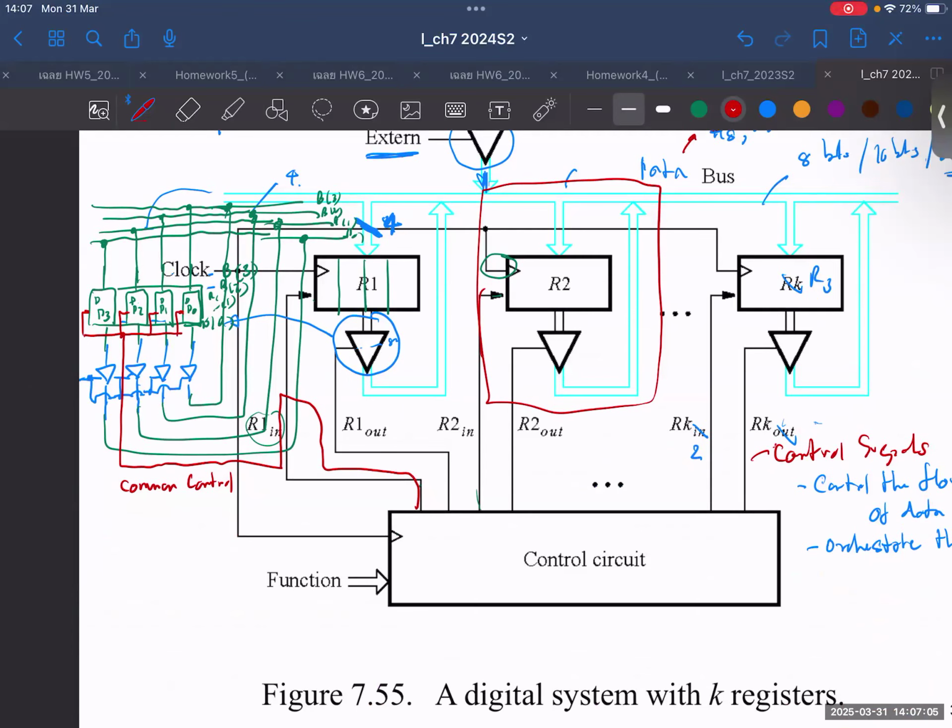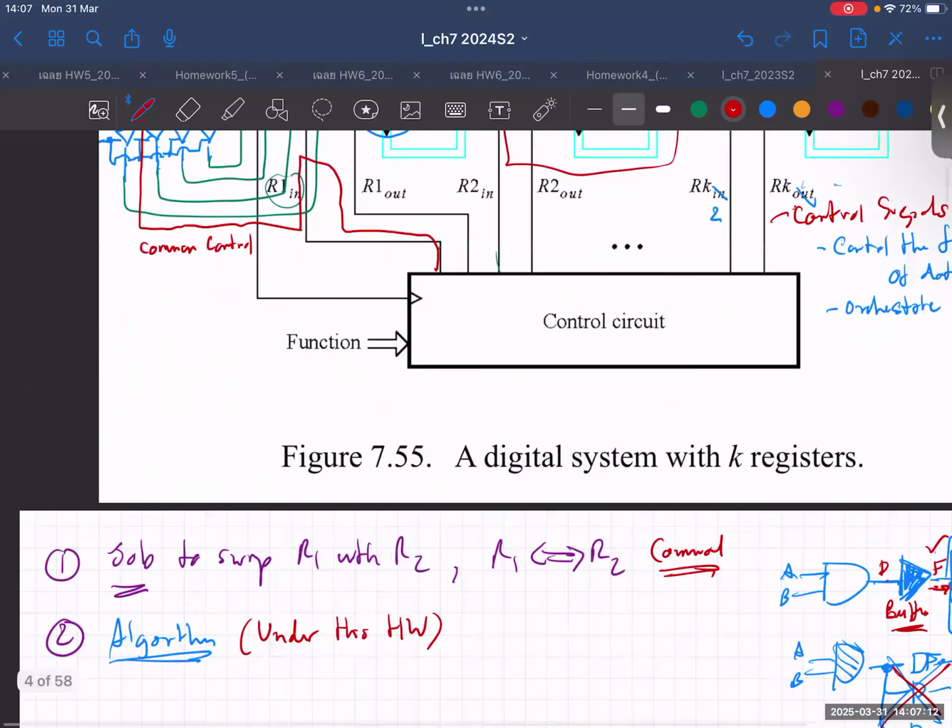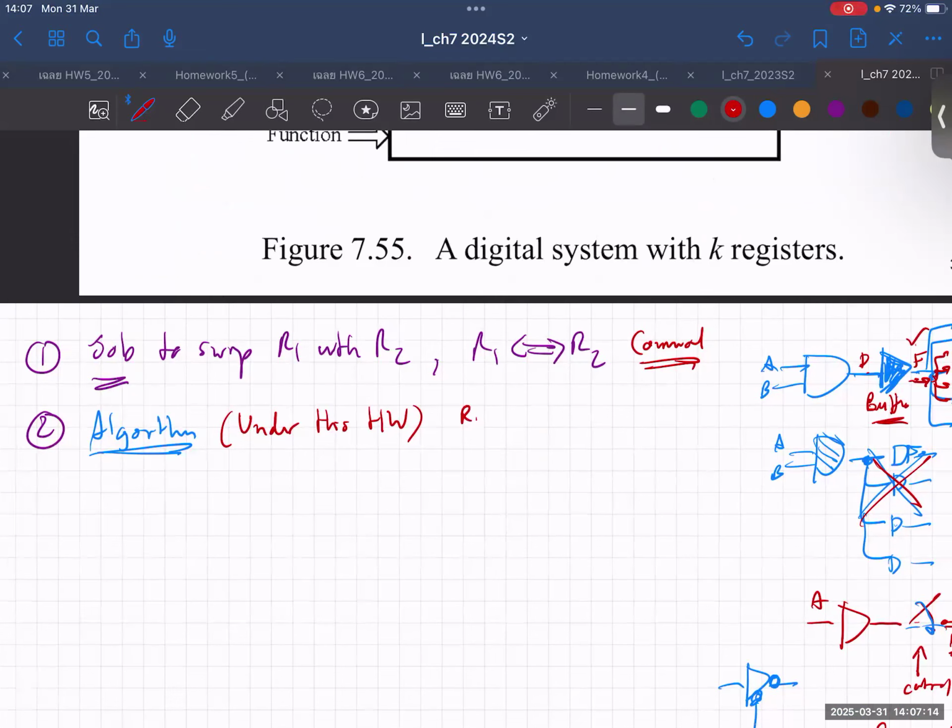Or R1 to something else first before you can start doing anything. Then you move R2 to R3, then R1 to R2, and then R3 to R1. So basically you need extra registers to do this. You cannot just do it with two registers. Okay, so that's the algorithm that you need to do.